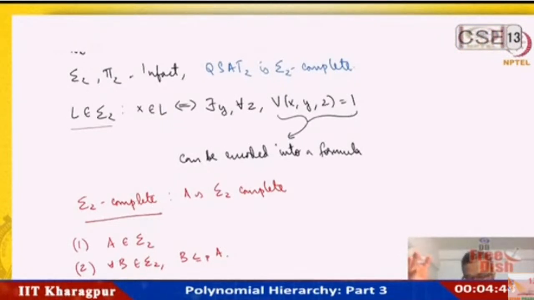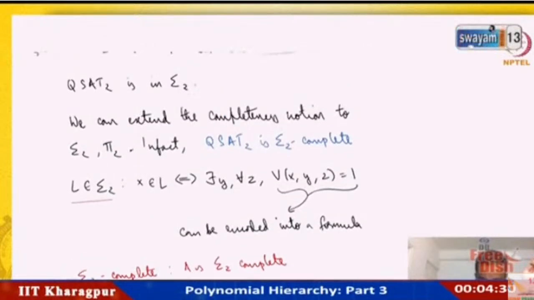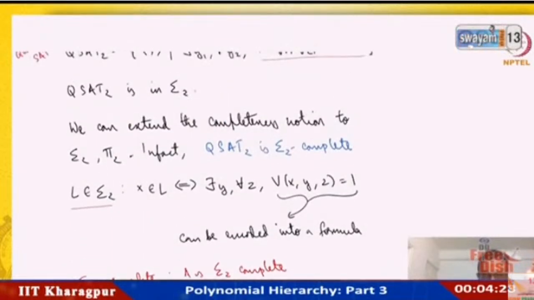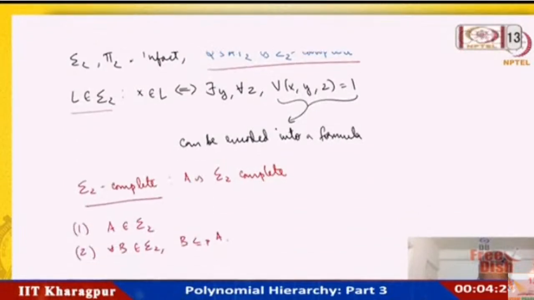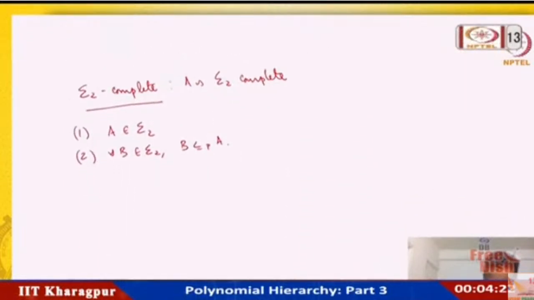That means that I have already, once instead of the verifier you have a Boolean formula, that is kind of the QSAT2 form. Right? So that is the intuition of this. So QSAT2 is a sigma 2 complete language. Similarly, you can define QSAT-K, right?